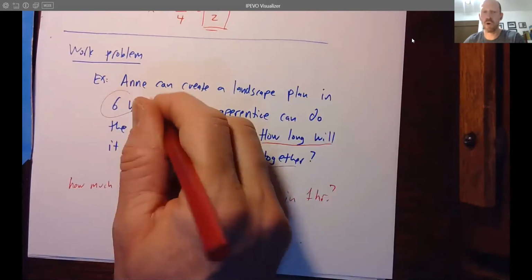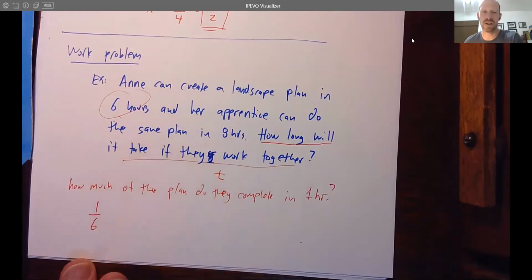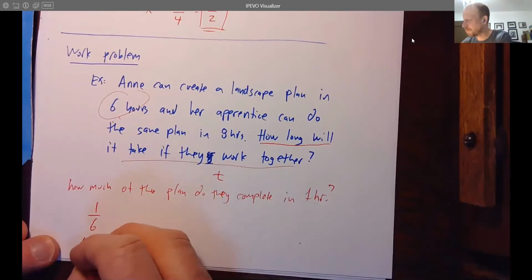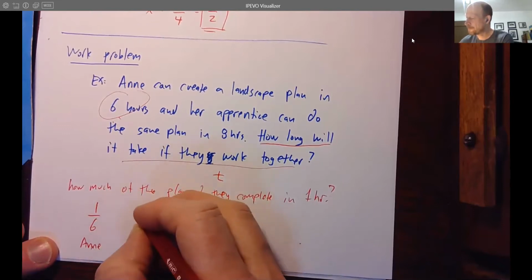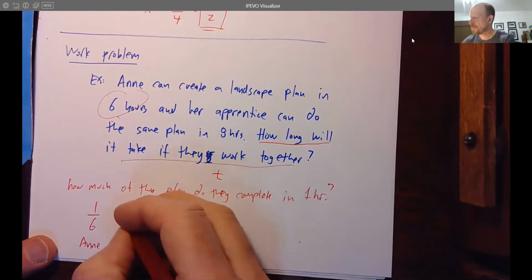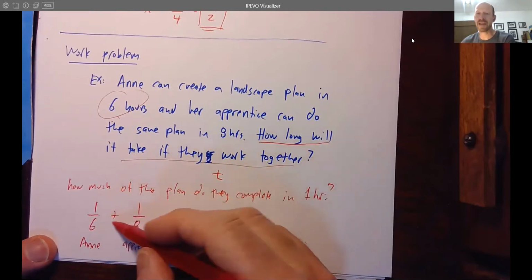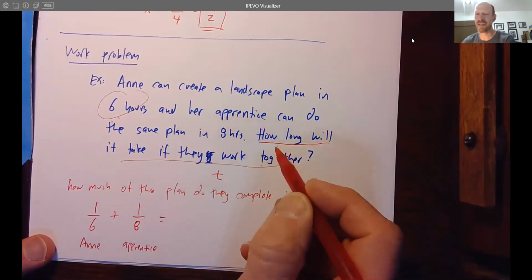So if Anne does a whole plan in 6 hours, then definitely she has to do 1/6 of the plan every hour, right? Because 6 hours, 1/6 each hour gives you a whole plan, right? One. And the apprentice, well, they have to do 1/8 of the plan each hour. And after that hour, they've completed some portion of the total plan that they could do together, right?